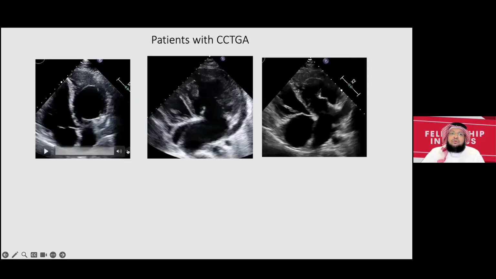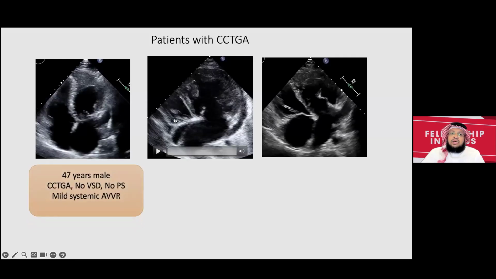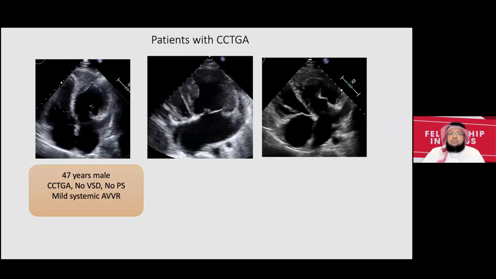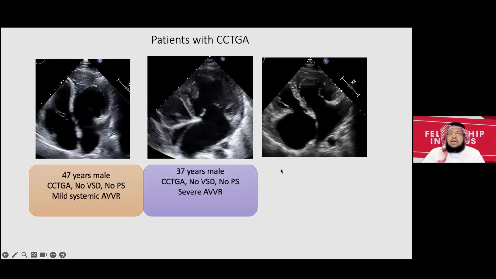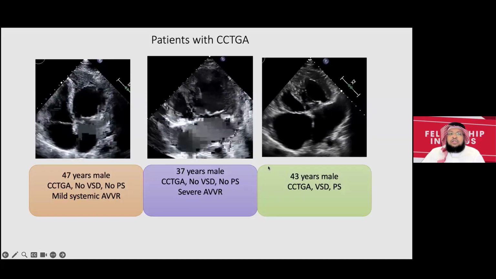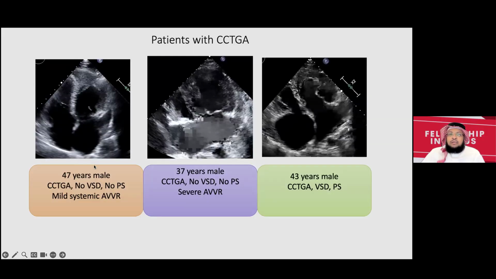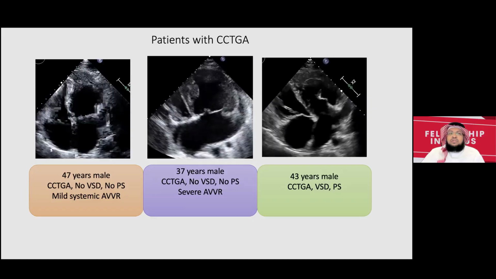So those patients with a systemic right ventricle, those with CCTGA and those with atrial switch operation, in both of these categories there are different anatomical variations, different ventricular function, and also different clinical presentations.